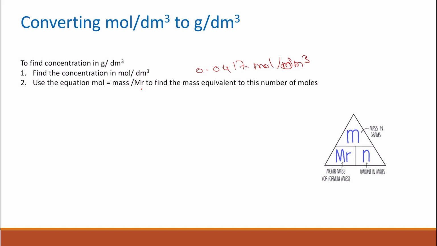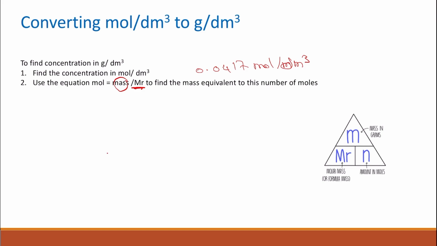So first of all, we are looking at the mass here. So mass will equal formula mass times the number of moles. Now we need to find the relative formula mass for what we are calculating the concentration for, which is the sulfuric acid.